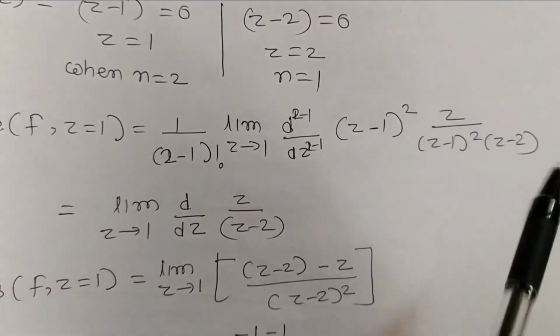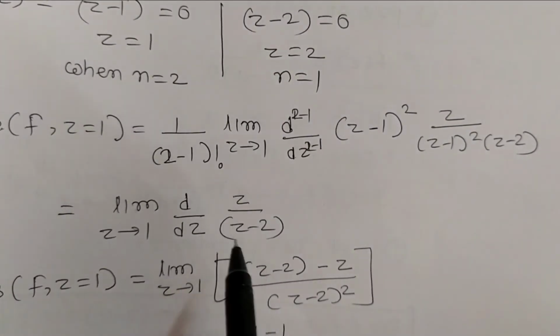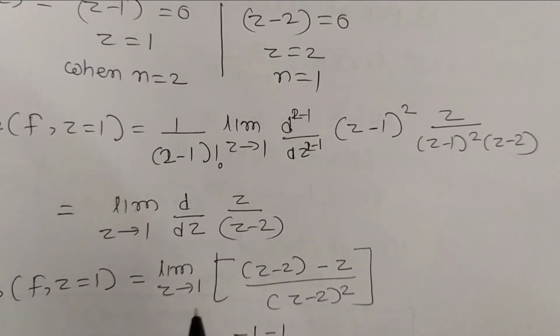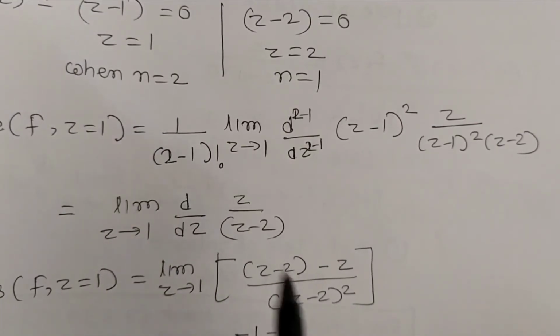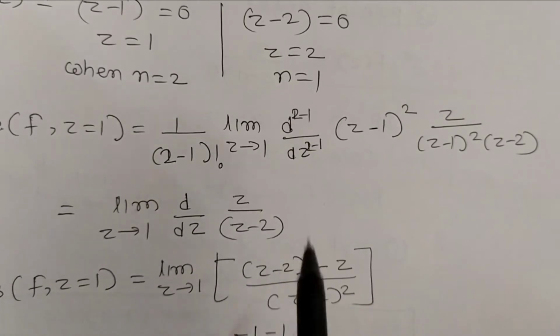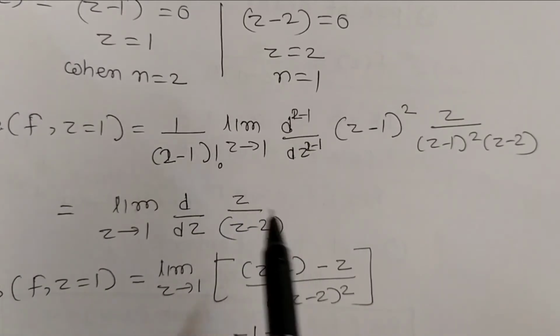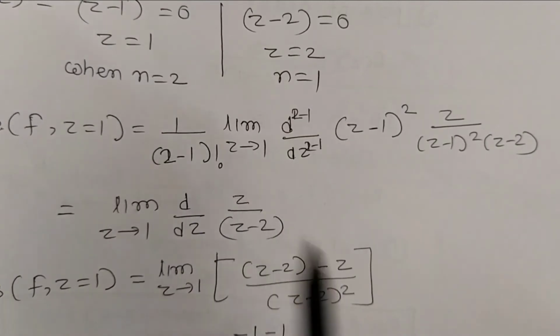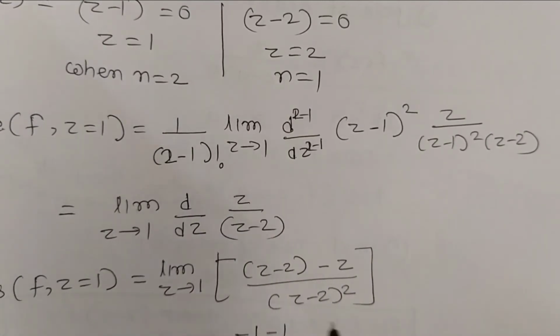To use the division rule, limit z tends to 1 of [(z − 2) minus z] upon (z − 2)^2, with the denominator term (z − 2) multiplied.